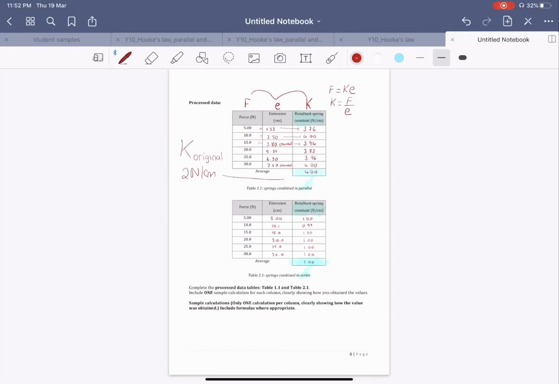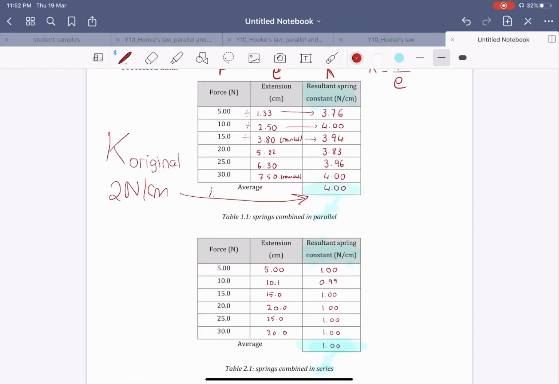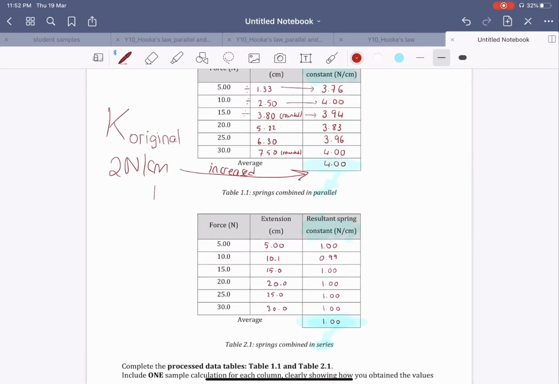So you can see that, before reading any other question from the strand, for the parallel it increased, and for the series the K decreased.